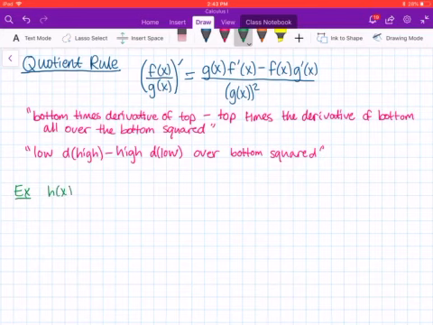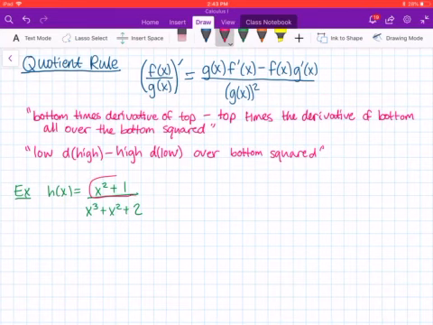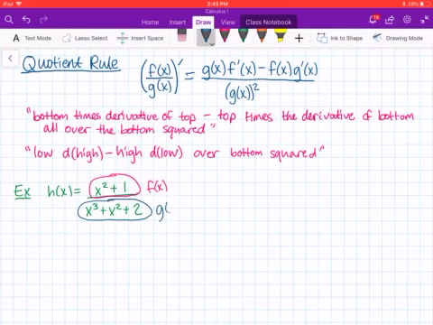Let's say h of x equals x squared plus 1 over x cubed plus x squared plus 2. Now we have our top function is f of x. Our bottom function is g of x.